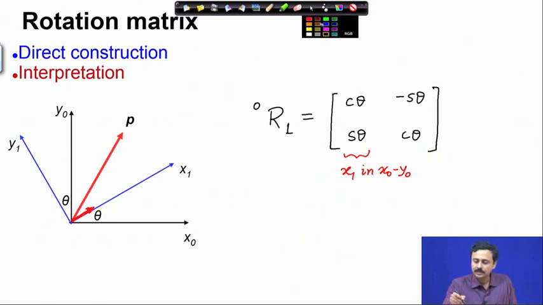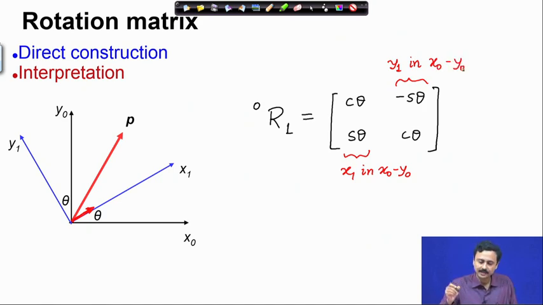That is the rotation matrix, and we have directly constructed it.